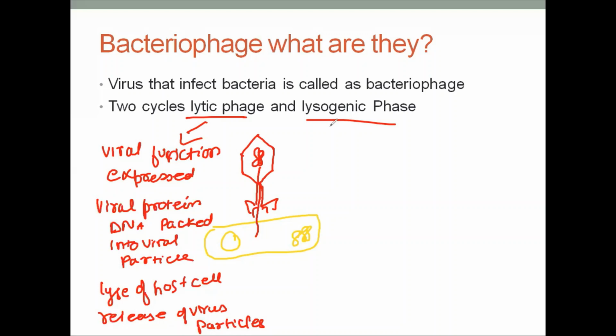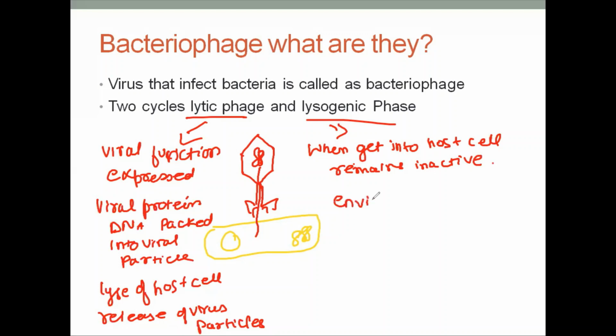Now in the lysogenic phase, what happens? When it gets inserted into the host cell, it remains inactive. It remains inactive throughout the process. And then during some environmental conditions or stress, any such conditions, it becomes active.